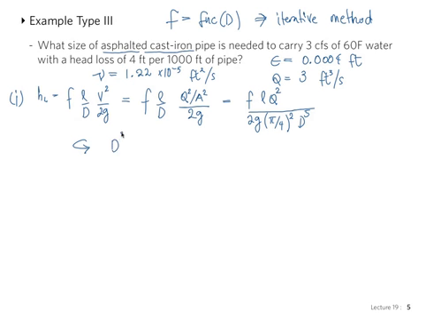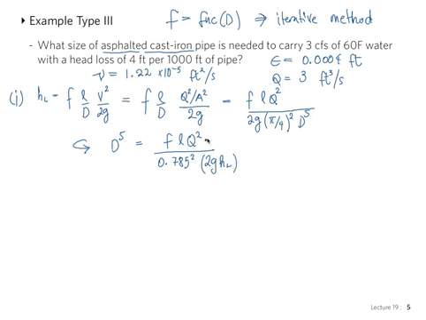So D to the power 5 is equal to F L Q squared divided by, well, let's approximate all this number and just put some numeric value here to start working this out. I have 0.785 squared and 2 g h_L.